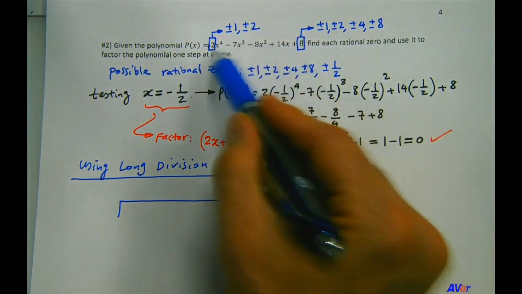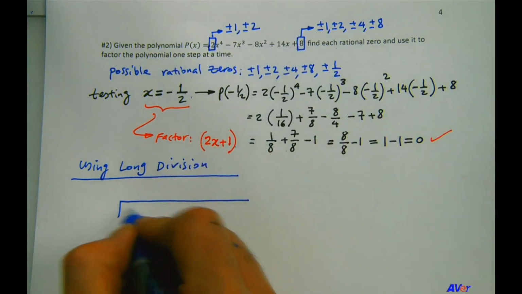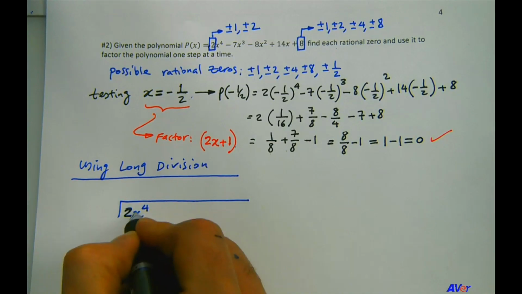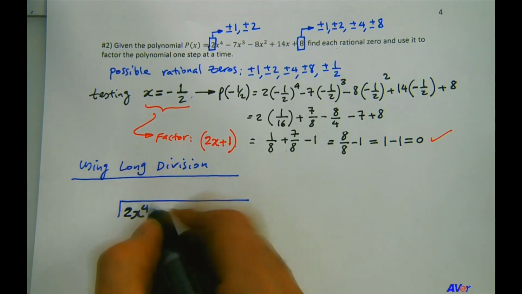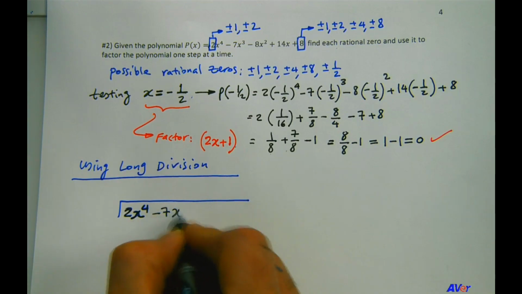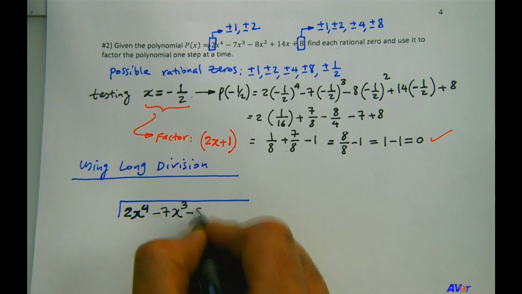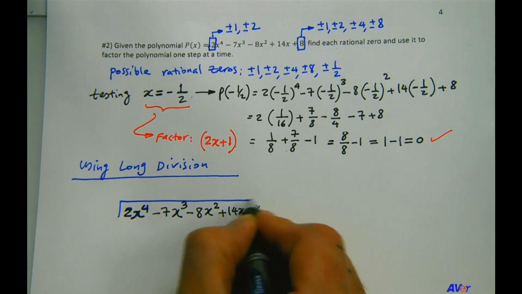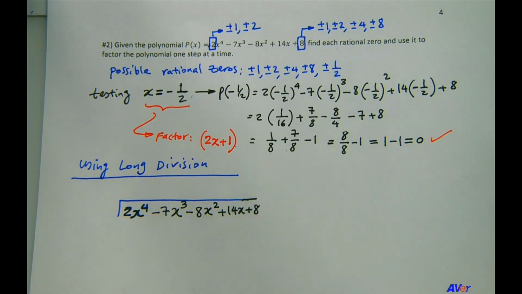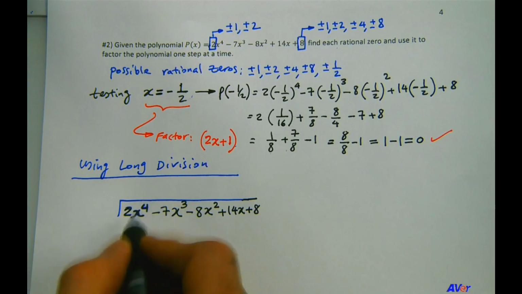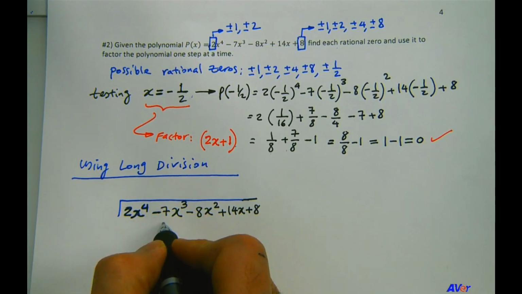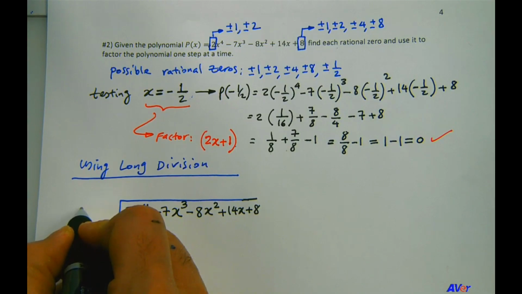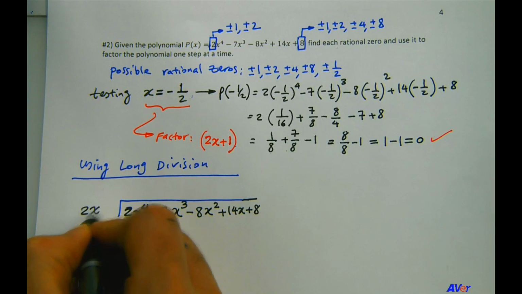I'm going to divide that polynomial, using my black pen, too much blue in here, 2x to the 4 minus 7x cubed minus 8x squared plus 14x plus 8, divided by this factor, 2x plus 1.